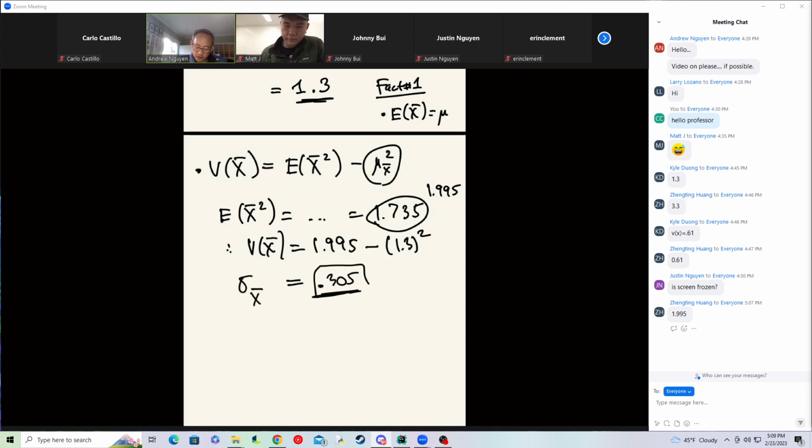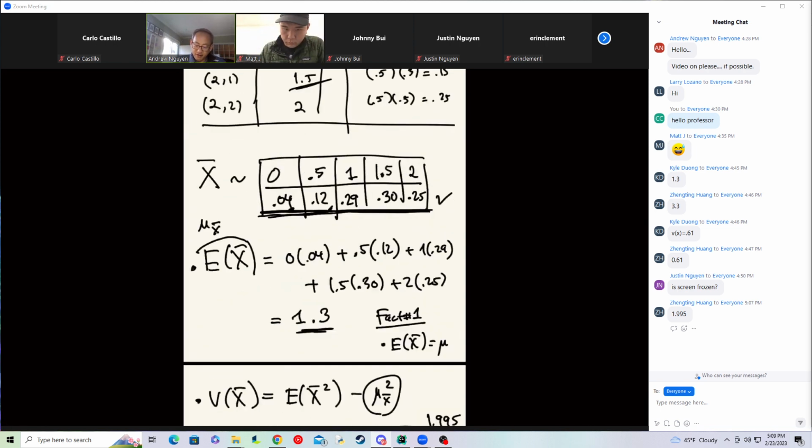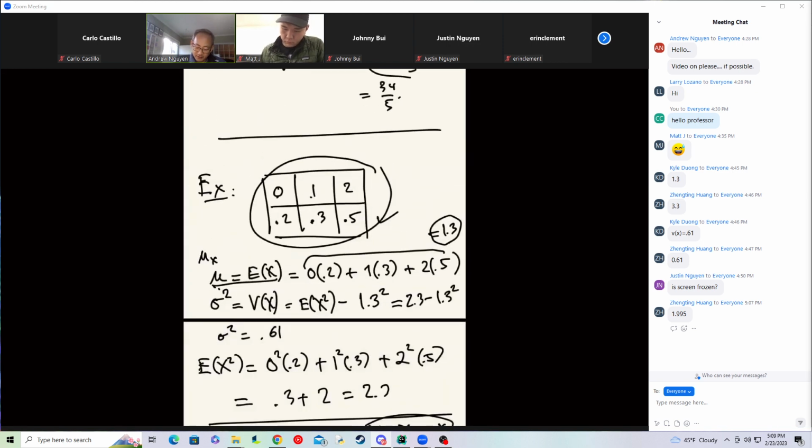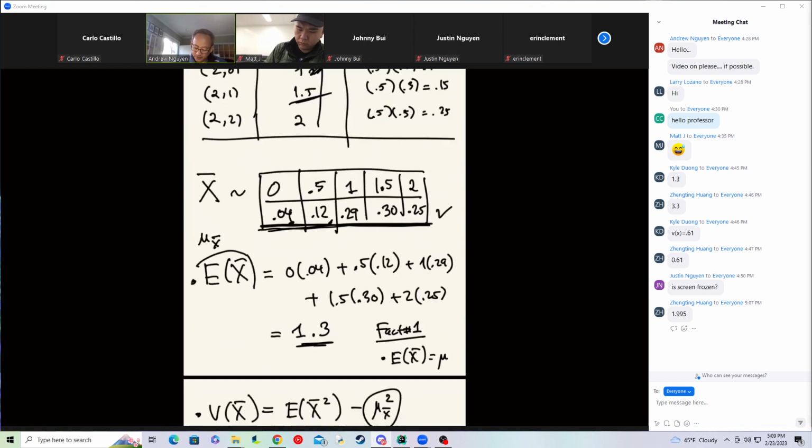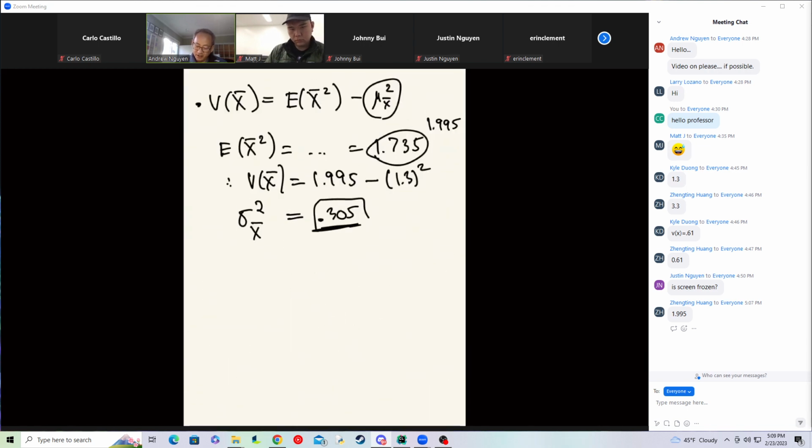We use this notation, variance of X bar, to distinguish from the variance of the population. We got 0.61 earlier for the population variance, and the variance of X bar is 0.305. Are they related?